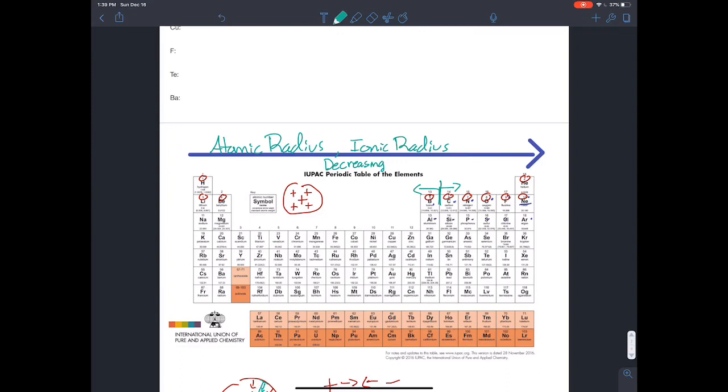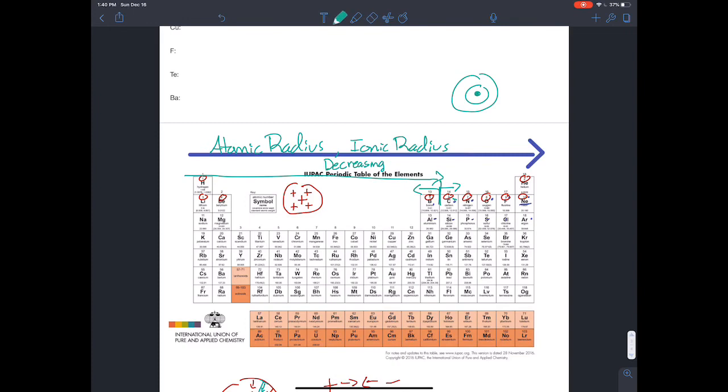So it decreases from here to here, then it goes up again because you're gaining electrons. So the ionic radius, if this is sodium and it wants to just get rid of its third energy level, it's getting much smaller.